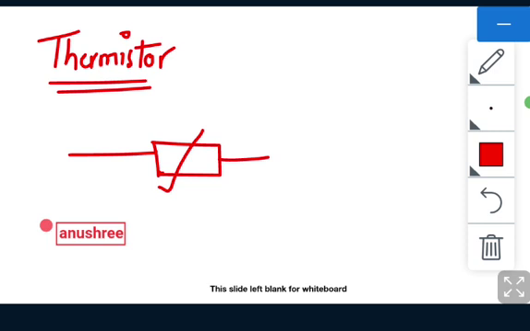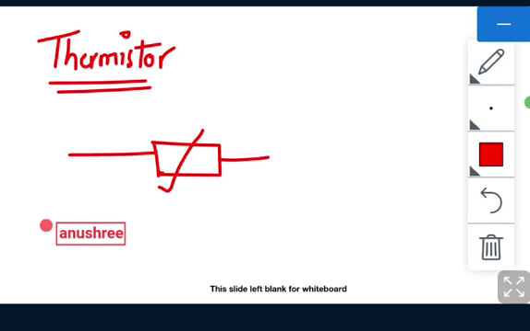Variable resistors are the resistors that change their resistance with the change in... how you can say exactly, actually it changes by sliding the contacts.